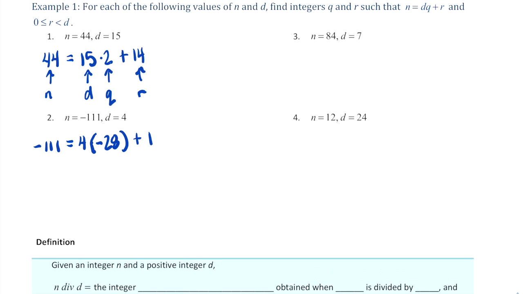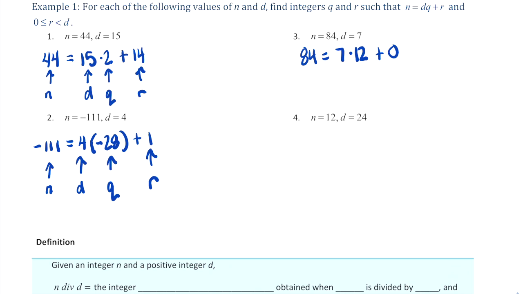4 times negative 28 is negative 112. So when you add that, you'll get back to your negative 111, which you needed. All right, so this negative 111 is N, 4 is our divisor D, negative 28 is Q, and then 1 is R. All right, so next up, 84, and then with a divisor of 7 times, beautiful, 12 is actually exactly 84.